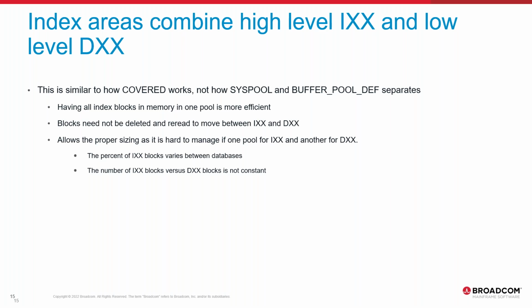Part of the problem is you don't know how to size it, and so what we're doing with this new one is the buffer pool by area is the index in its entirety. It's a data set, like covered deals with the index. So it includes IXX and DXX.